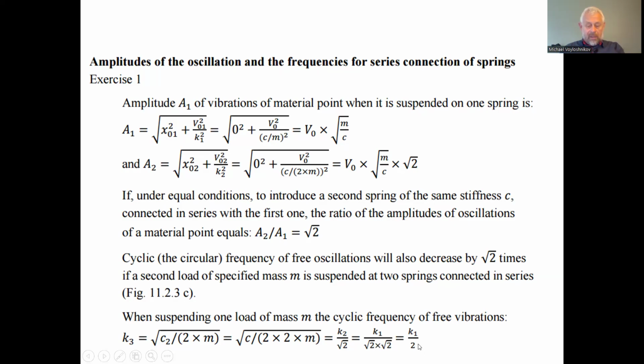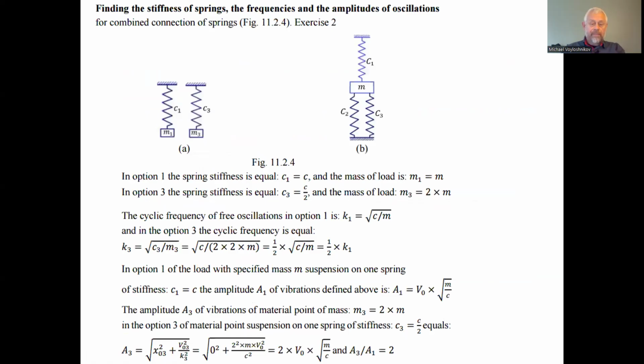So the second load reduces it by a further square root of 2 times compared to one load on two springs in series. So the cyclic frequency will be less by 2 times if we suspend two loads of the same mass on two springs in series of the same stiffness characteristics.